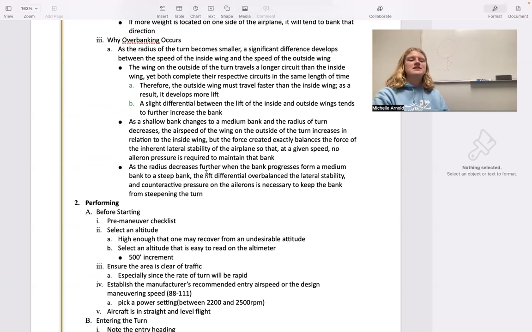But as the radius decreases further when the bank progresses from a medium to a steep bank, the lift differential overbalances the lateral stability, and counteractive pressure on the ailerons is necessary to keep the bank from steepening the turn. So once we get to that 45, 50-degree bank, you're going to need some opposite aileron pressure to maintain that level of bank.